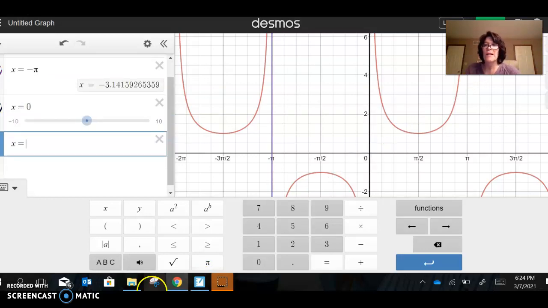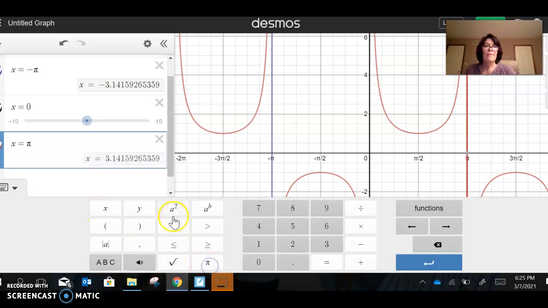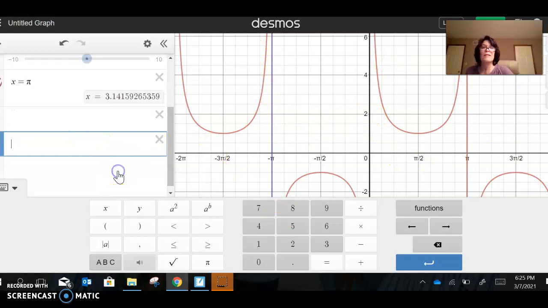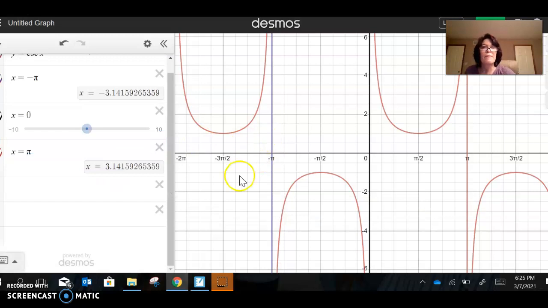X equals pi. I'm just putting them there so you can see them a little bit better. But this is cosecant, guys. Can you picture sine underneath it? I always draw sine, and then I know exactly where to put my asymptotes and how to flip it. Because I just flip the little parabolas underneath them.